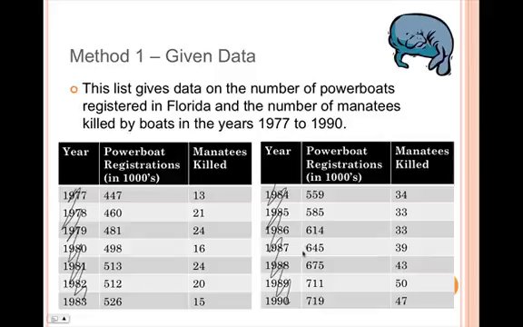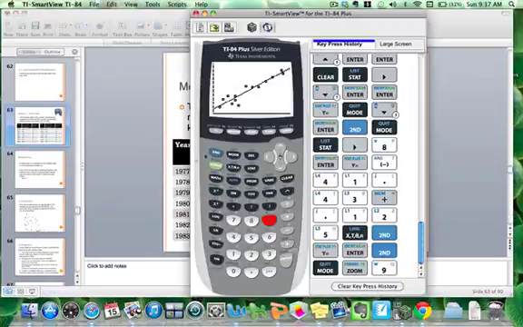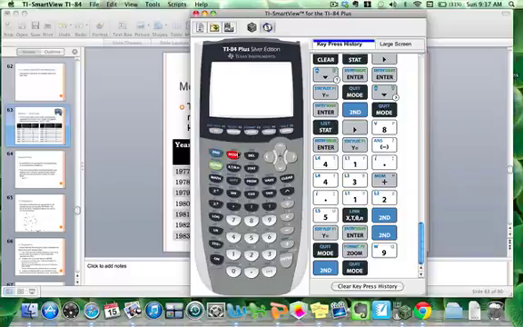To create a residual plot, first of all, you need to calculate the equation of the least squares regression line. The LSRL needs to be showing on your home screen in order for your calculator to actually do the residuals. So I'm going to go to Stat.